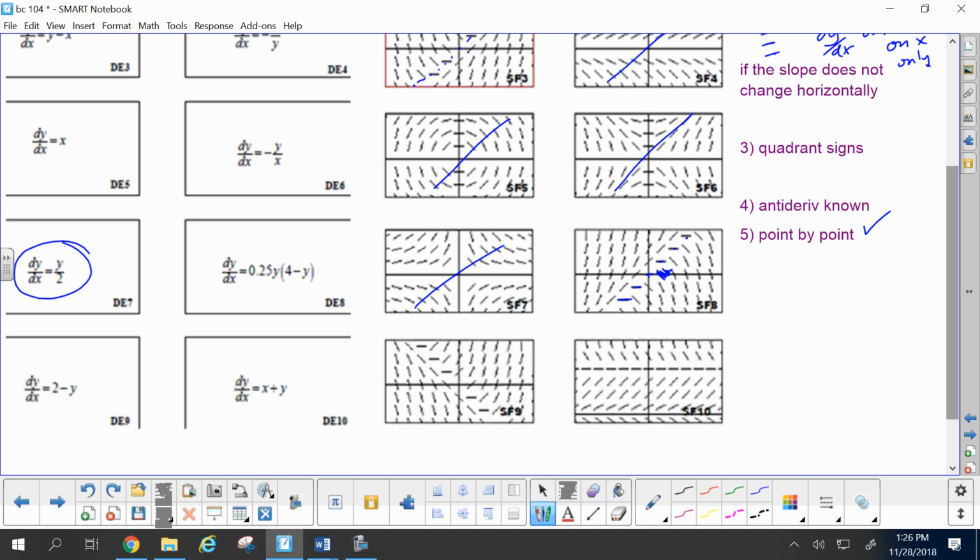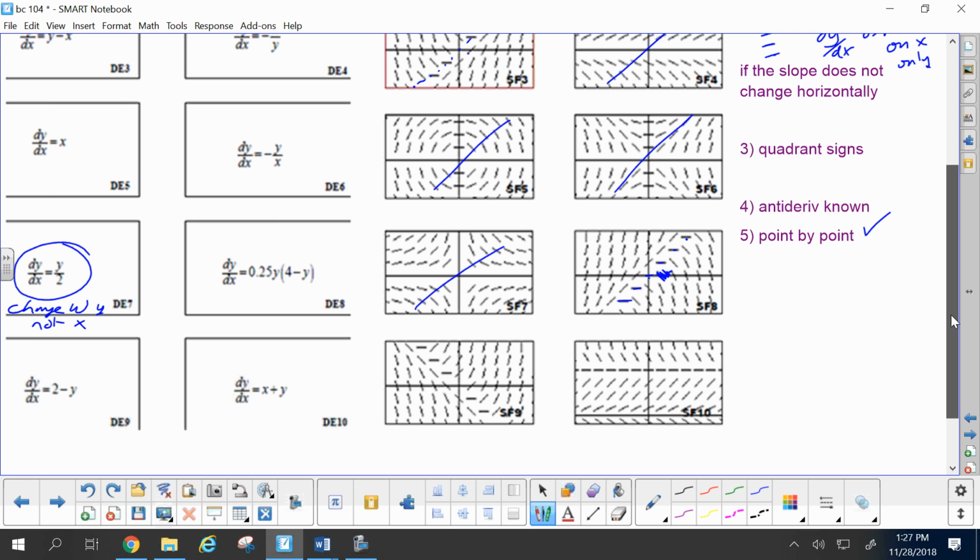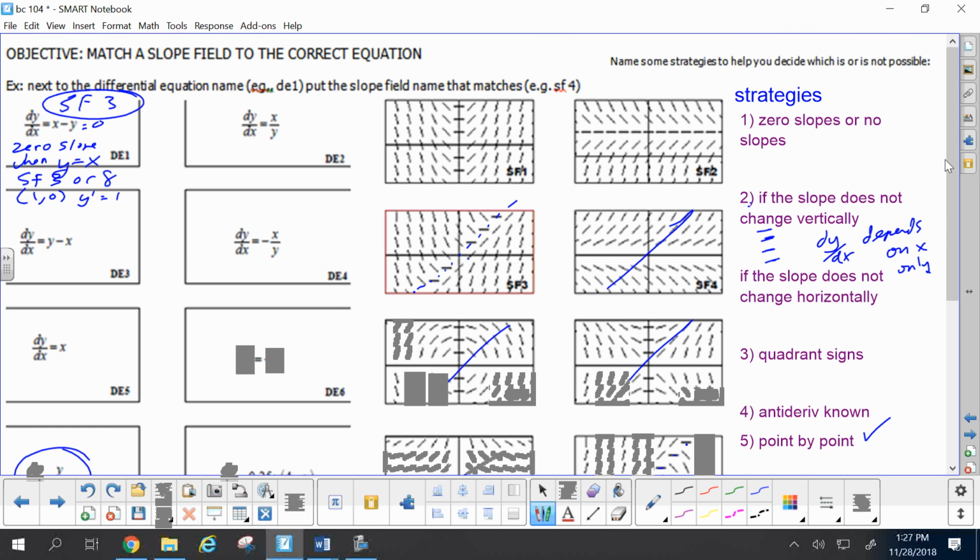Differential equation 7 depends on y only. So, if it depends on y only, then it should change with y, not x. So if I'm looking for the slope field for this, I should look for one that stays the same going side to side but changes vertically. This stays the same side to side but changes vertically, so that's a possibility.